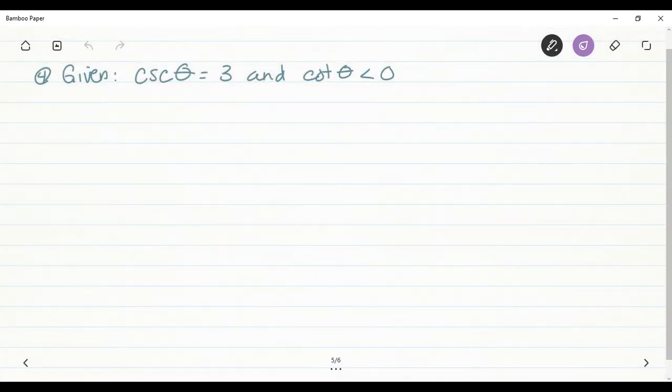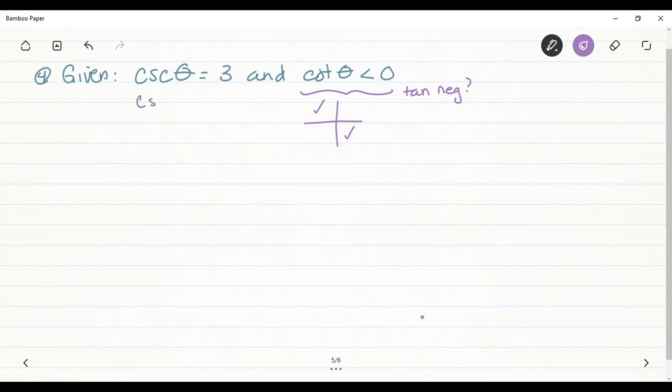Okay, completing the last problem that we have, cosecant is 3, cotangent's less than 0. Well, let's look at this again. Cotangent being less than 0 means tangent's less than 0. So we want to know, where is tangent negative? Tangent's negative in quadrant 2 and quadrant 4.